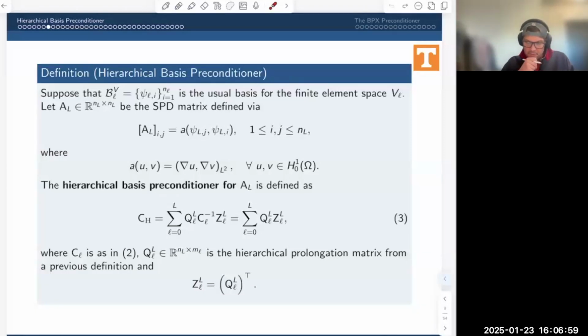So last time we reviewed the hierarchical basis for finite element spaces, and last time we also got as far as defining the hierarchical basis preconditioner.